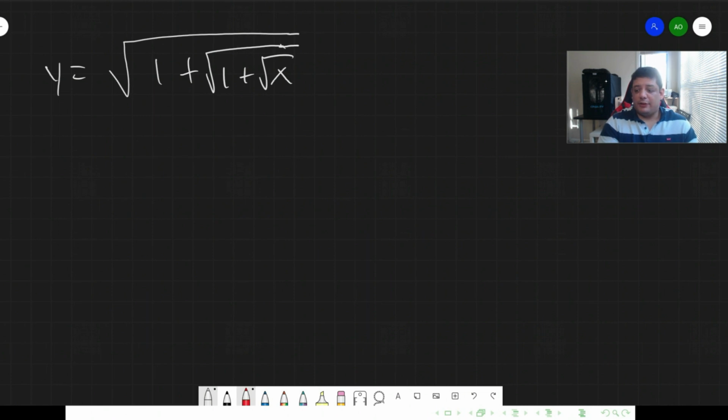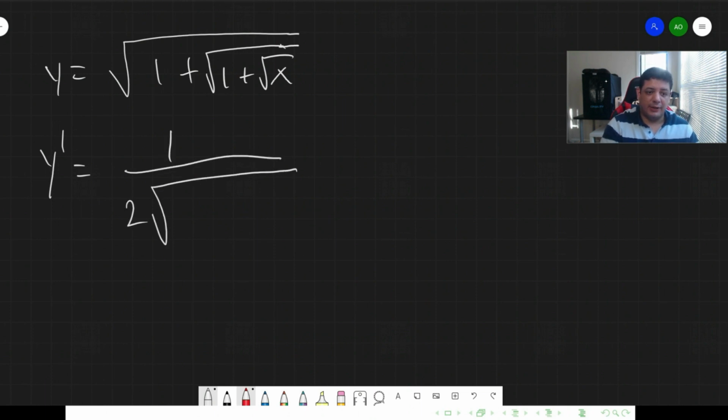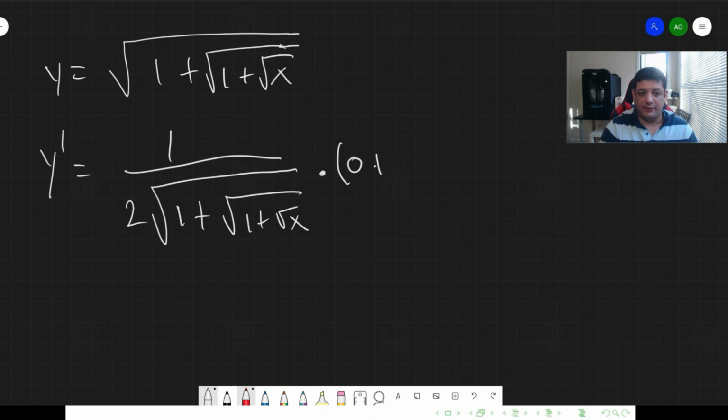The big function is always the square root, and so y prime here is going to be 1 over 2 square root, and then everything that is inside, 1 plus the square root of x, times the derivative of whatever is inside. So what is inside? 0 plus, and then now the derivative of this one, which is 1 over 2 times the square root of 1 plus the square root of x.